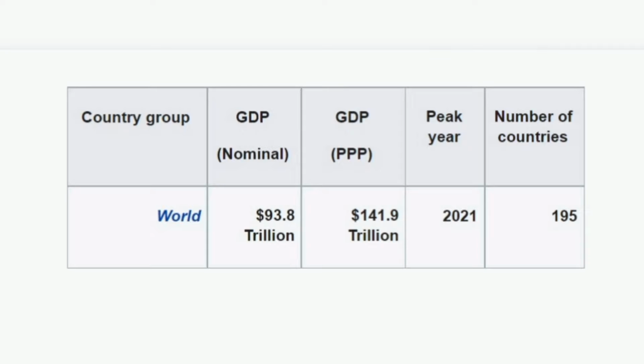And according to Google, the annual GDP of the world, nominal, is approximately $94 trillion.